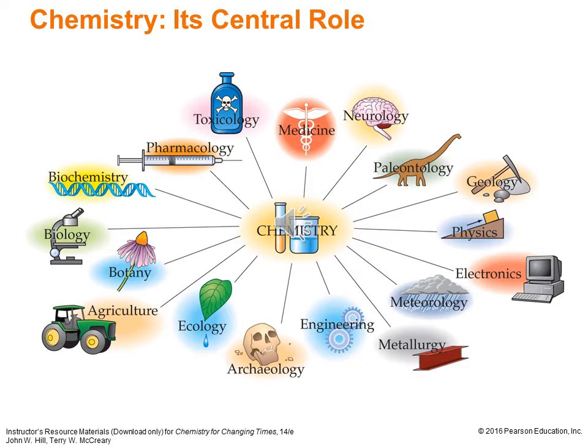We're important to agriculture and botany and archaeology and meteorology, and a lot of you are probably in the course because you're interested in dentistry or medicine. So those are also very important fields that rely heavily on chemistry. So we tend to have pretty good opinions of ourselves because as chemists we tend to be pretty useful people since chemistry is involved in so many different aspects of life.